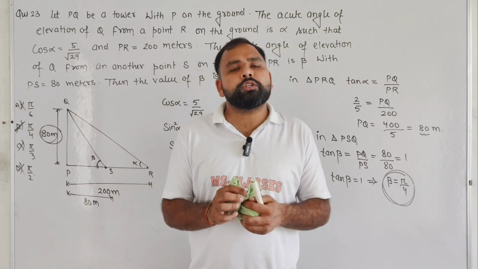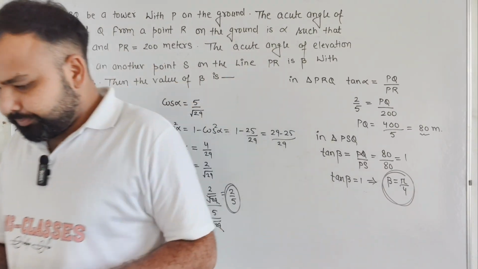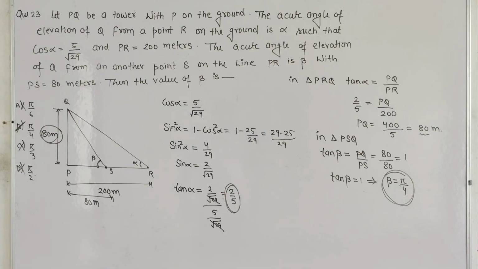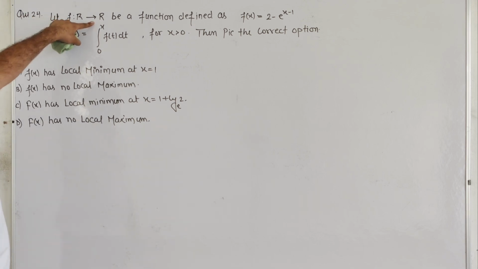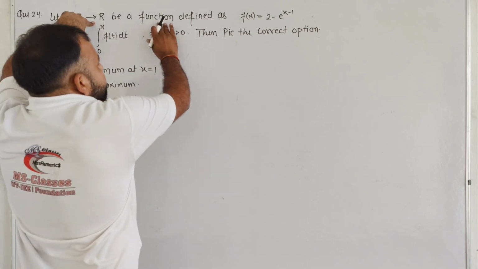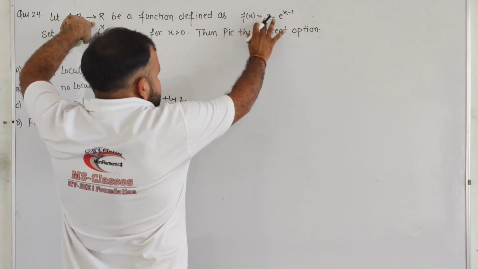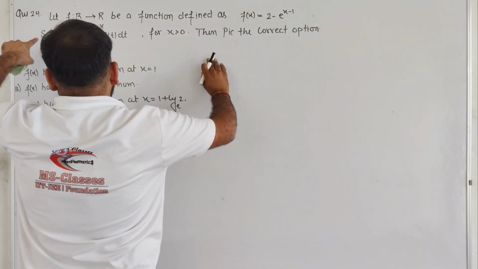So our next question, question number 24 is: let f be a function from the set of real numbers to the set of real numbers, defined as f(x) equals 2 minus e to the power x minus 1.